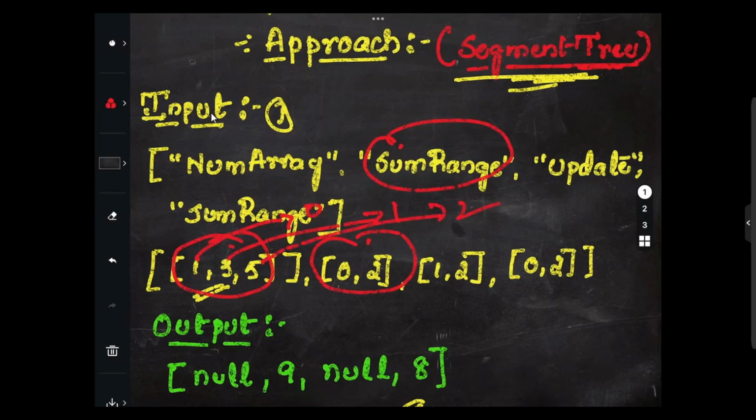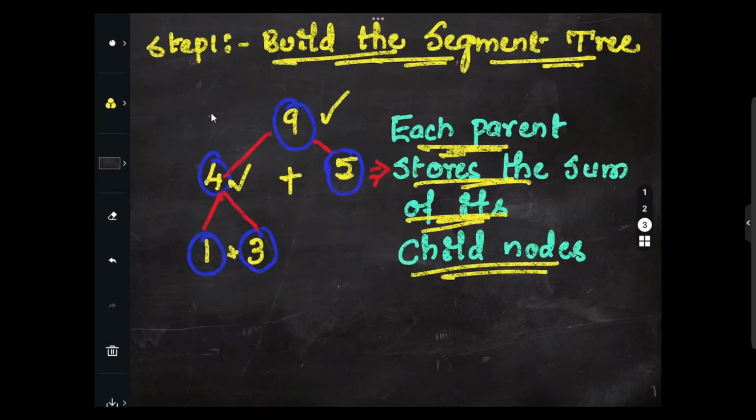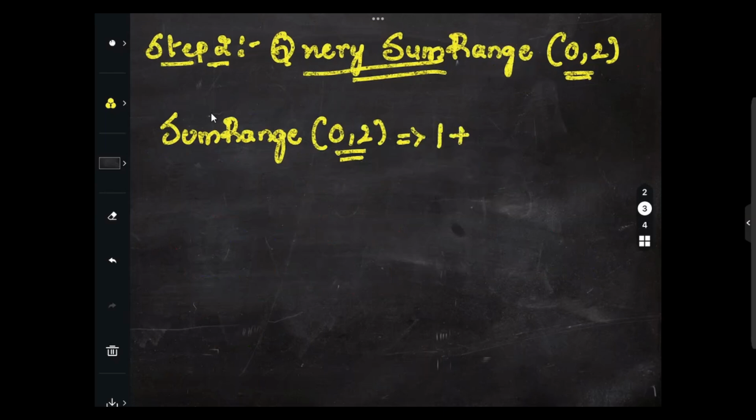We need the sum from index 0 to index 2. So in this case 1 plus 3 plus 5, nothing but 9. I hope this is completely clear.